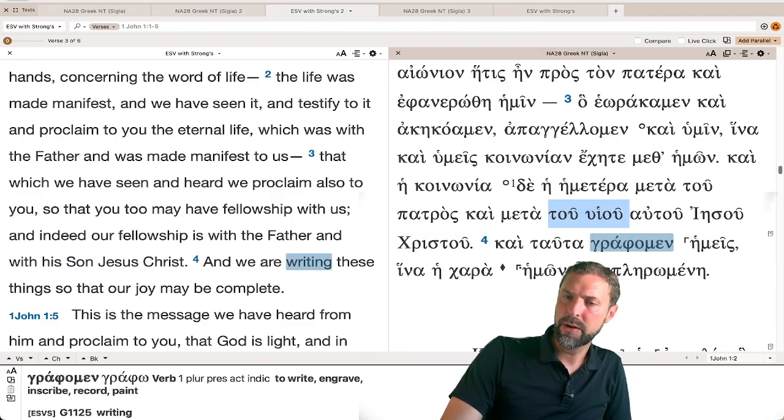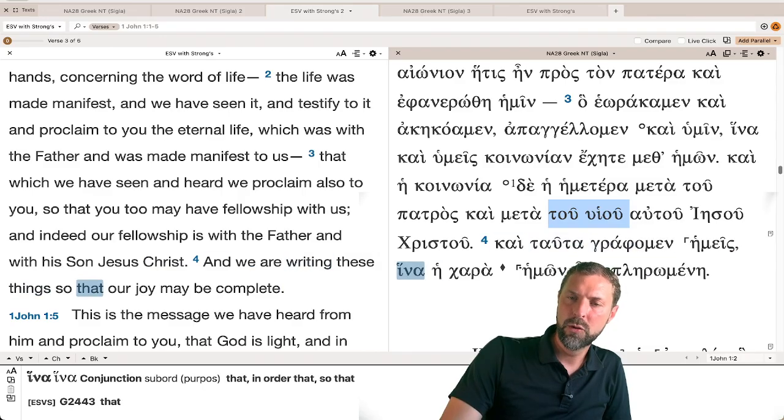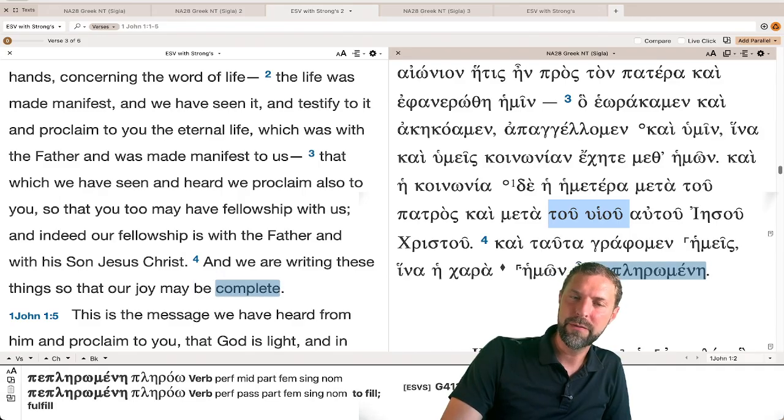And we are writing, present tense. We, subject, are writing these things in order that your joy should be, and this is a complex construction, having been fulfilled. This is a participle, so you haven't learned participles, but you can pick up the reduplication on the front of it.